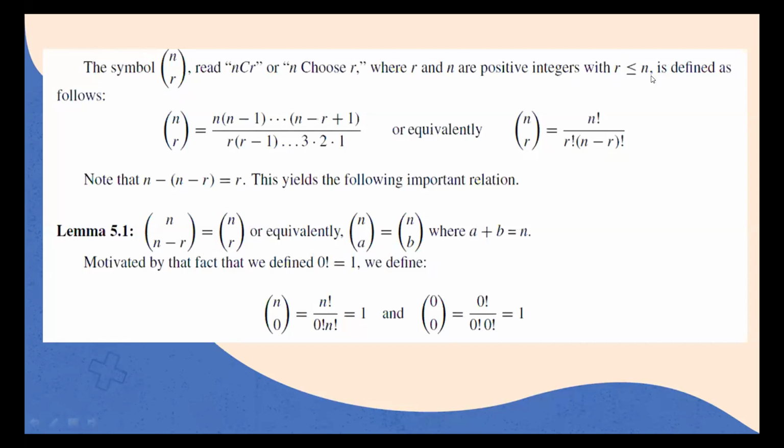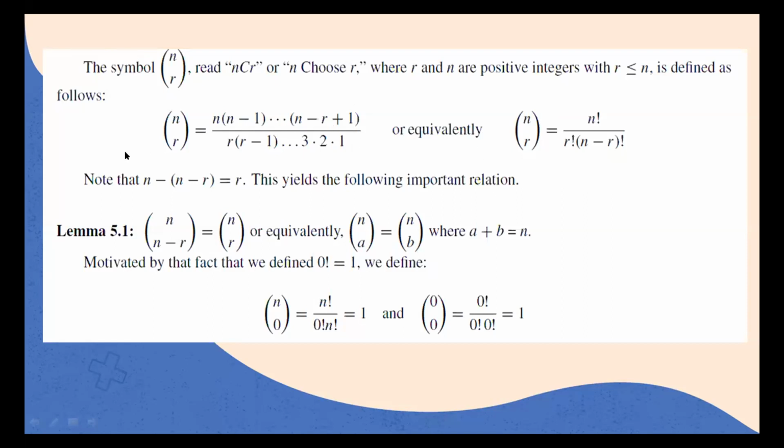That would be meaningless. And it is defined as n choose r equal to n into (n minus 1) into (n minus 2) and so on till (n minus r plus 1), upon r into (r minus 1) into (r minus 2) and so on till 3 into 2 into 1, or equivalently n factorial upon r factorial into (n minus r) factorial.